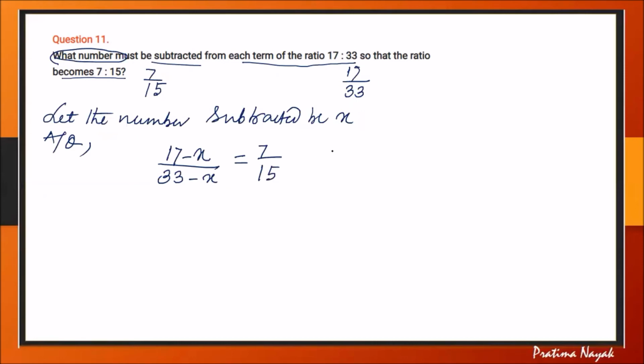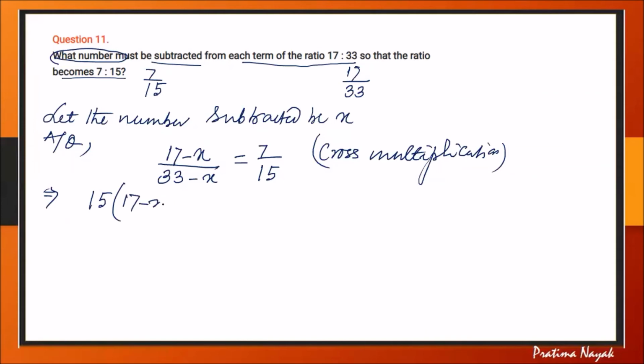Now what next? Cross multiplication. No need of writing the cross multiplication when you are solving the problem, because this is a process to make you understand. You can write simply 15 into 17 minus x is equal to 7 into 33 minus x.